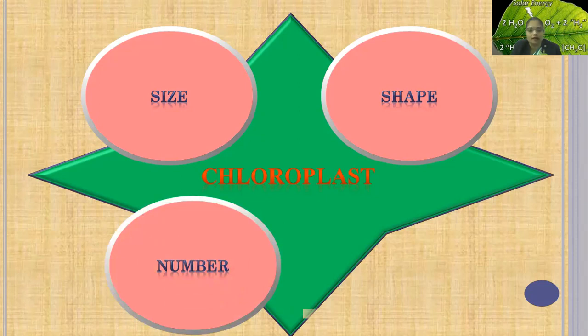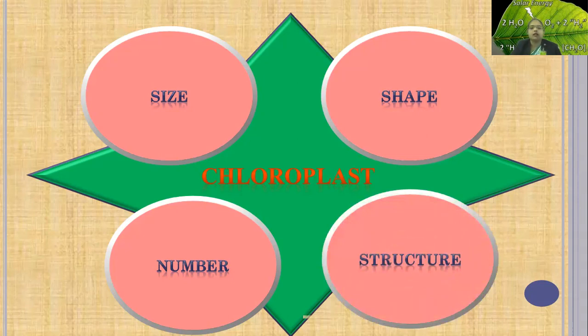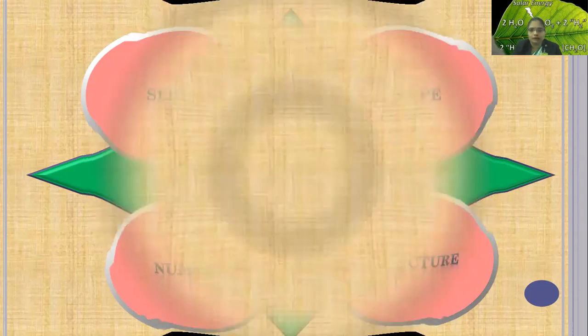In higher plants, approximately 20 to 40 chloroplasts are present in a cell. And the last point is the structure of chloroplast. It has a double membrane, and is known as a membranous system containing granum, stroma, stroma lamellae, and fluid stroma.